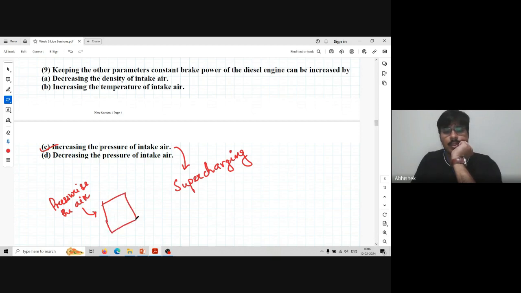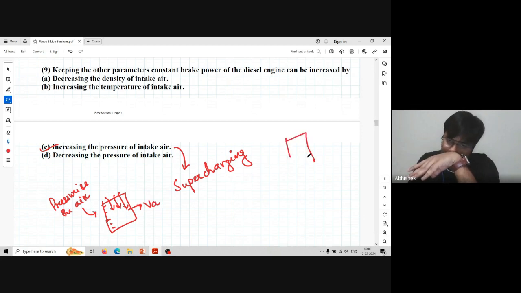Now what will this be doing? If we increase the pressure, let us say the volume is constant. If we pressurize a certain thing, then more amount of that we can cover, correct? For example, earlier at normal pressure, let us say 1 bar, some gas was there.